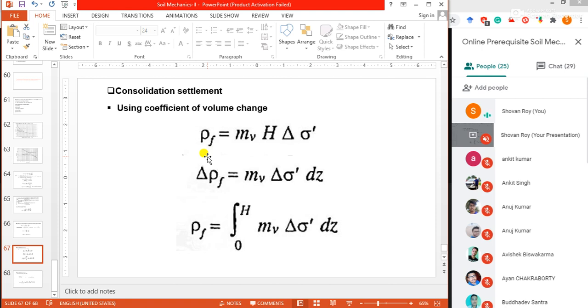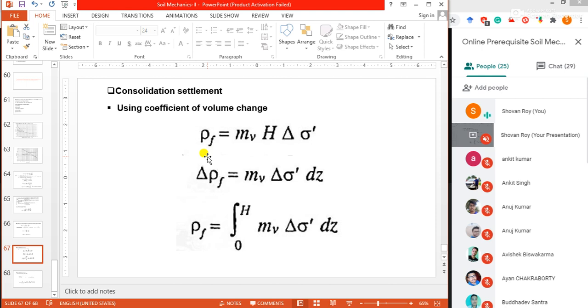However, in practical cases under a finite surface loading, the intensity of delta sigma dash decreases with the depth of the layer in a non-linear manner.